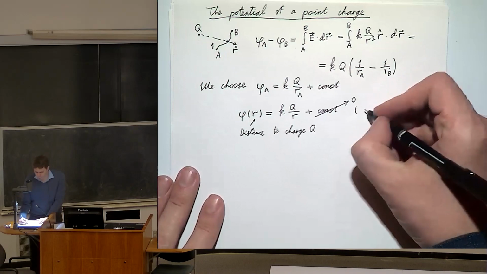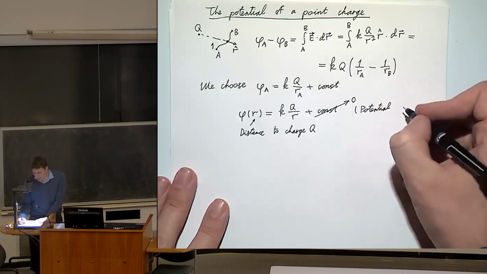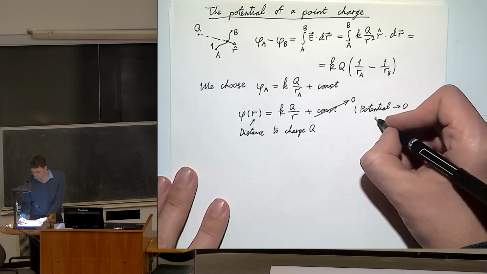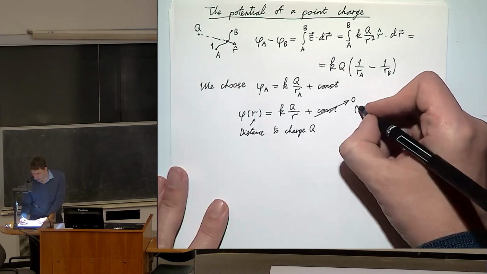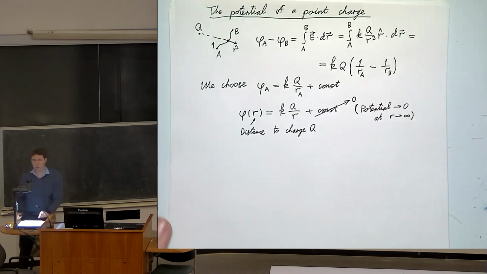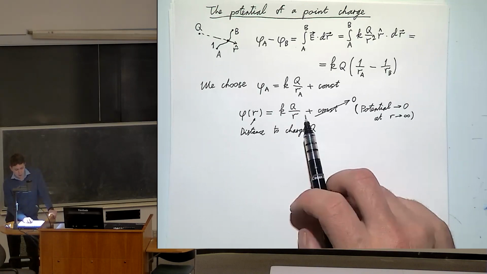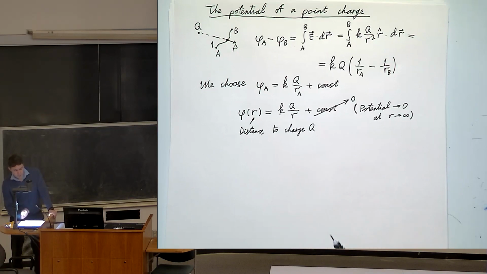That would correspond to the vanishing potential at infinity. Meaning when R becomes very large, the potential vanishes.